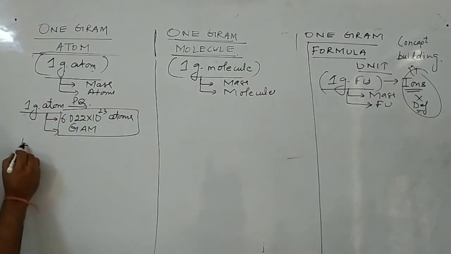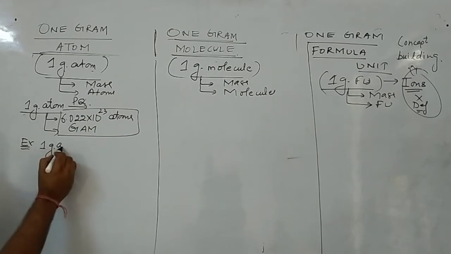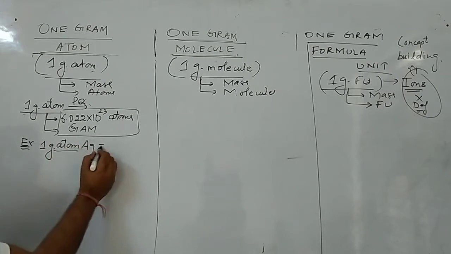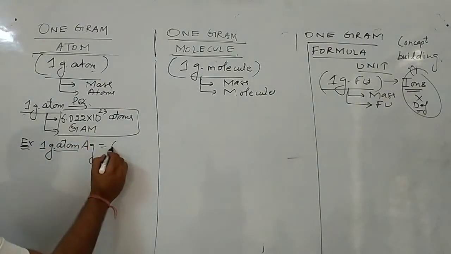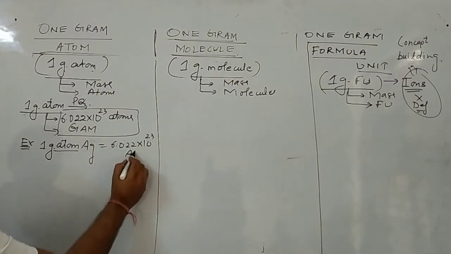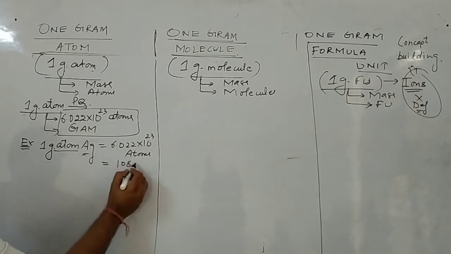Just see the example. If I say 1 gram atom of iron, or you can say any other element, silver, then it contains how many atoms? 6.022 × 10^23 atoms. And what is the mass? 108 gram.